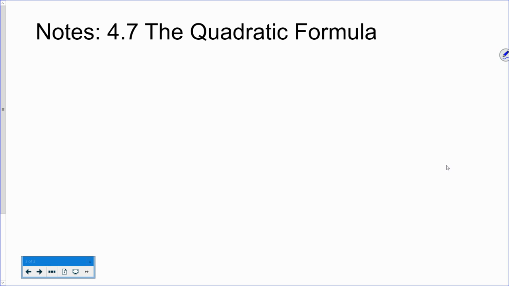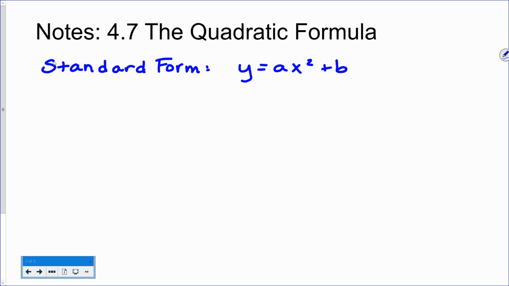All right. So just summing up a couple of review items. Standard form for a quadratic would be y equals ax squared plus bx plus c. All right, so yesterday we talked about solving with square roots.